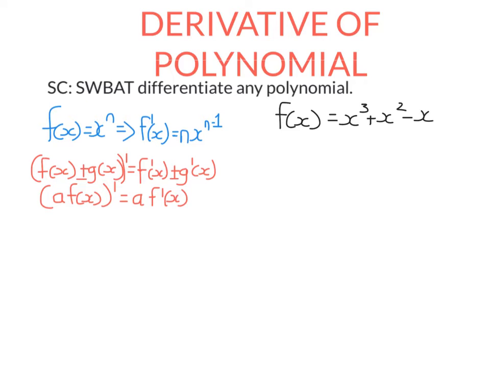So let's say we have this function here, x cubed plus x squared minus x. This rule here is saying that in order to calculate the derivative, f dash x, I just differentiate each term separately, and then add or subtract them as required. So the derivative of x cubed, I move the power to the front and decrease the power by 1.